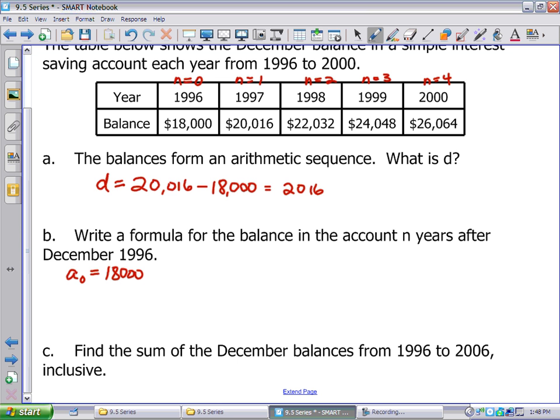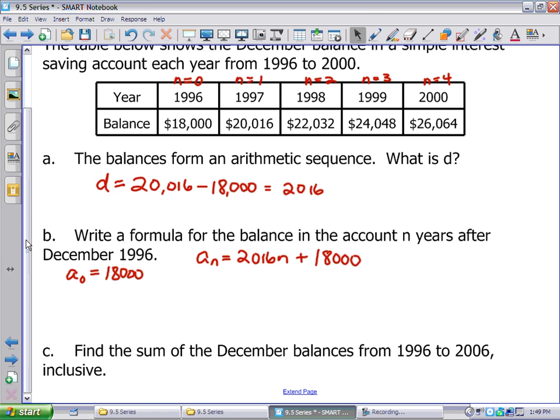Well, how much is it changing by? It's changing by 2016. This arithmetic sequence kind of looks linear. You can say your A sub N is, what is it changing by? What is your slope, which is 2016, times N, plus the original starting amount, which was 18,000.